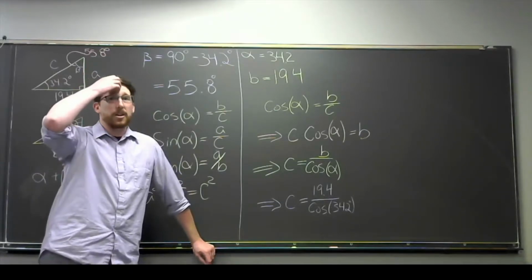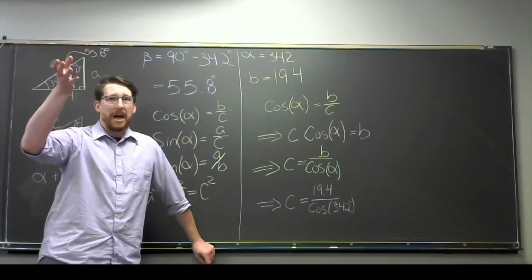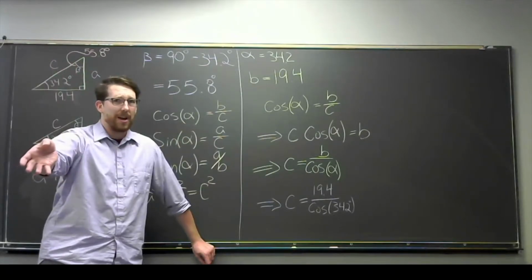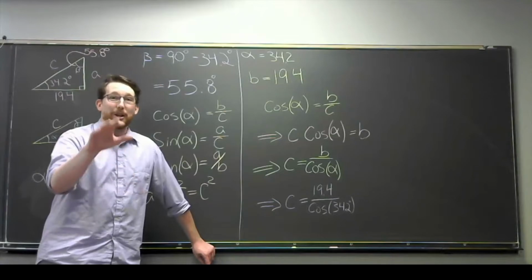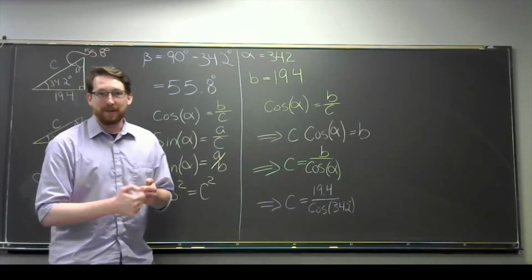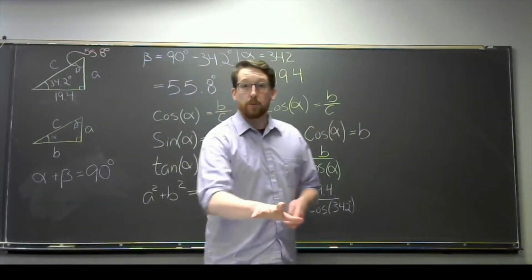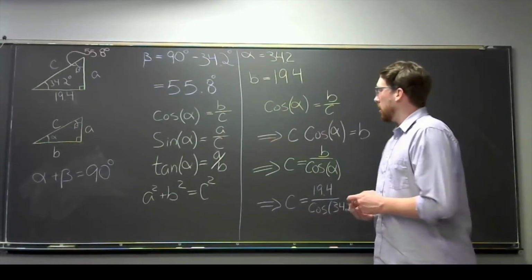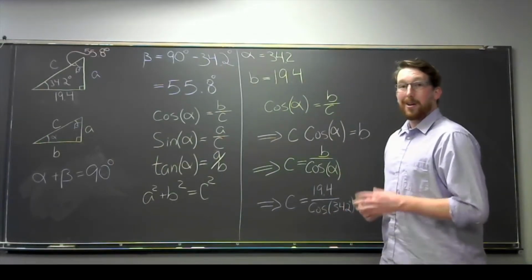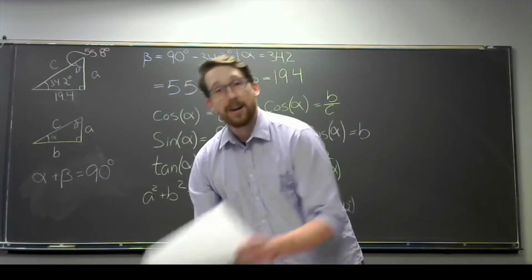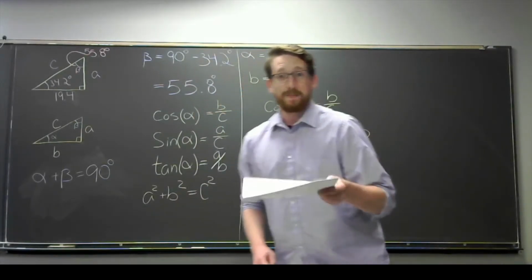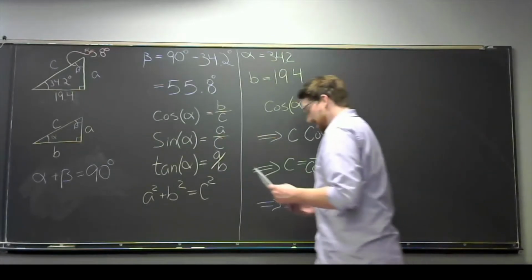You might be asking yourself, well, Matt, if you don't know, how are we supposed to know? You're not. This is where you pull out your calculator and you type it in. That's what you should do. Put it in your calculator and find out. Myself, I'm going to pull out my notes because I know it's in my notes.